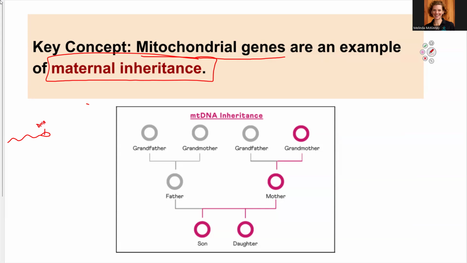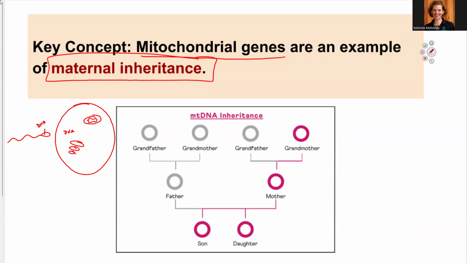Here's a big egg cell. So the egg cell has some DNA, but it also has a lot of other things in it. It's got mitochondria in it. If it's a plant, it's got chloroplasts. So it's got all of the other organelles.